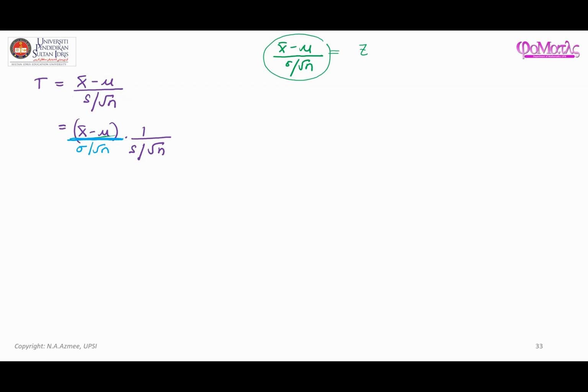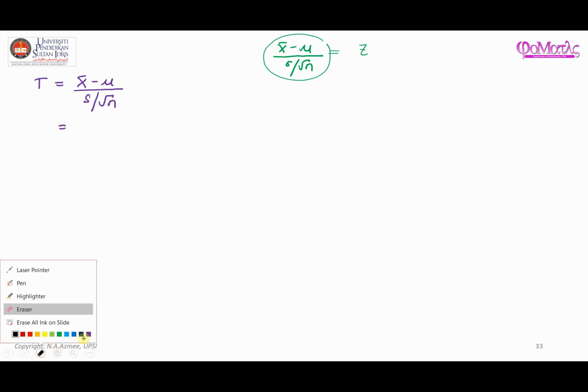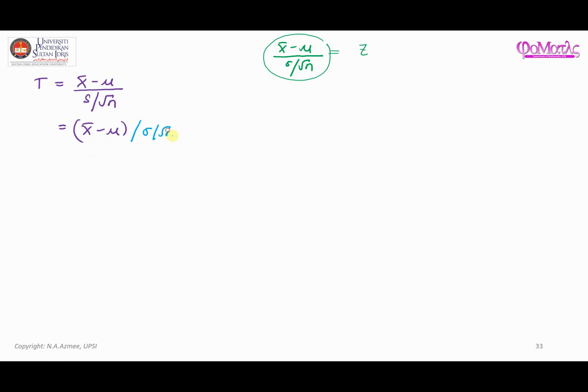Okay, all right, let me just reiterate this process again. Maybe it will be clearer if I write it like this. So now I'm going to introduce x bar minus mu, and I'm going to divide that by this guy, sigma over square root n.